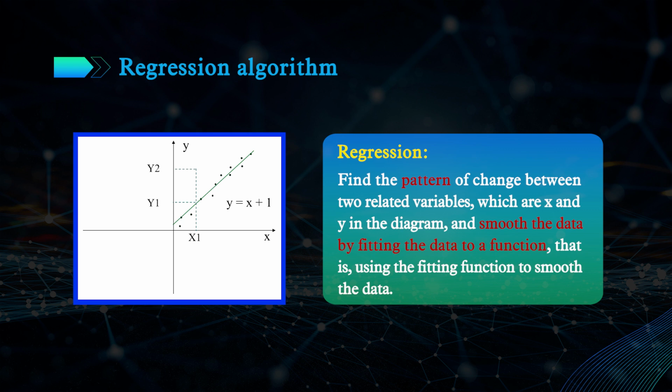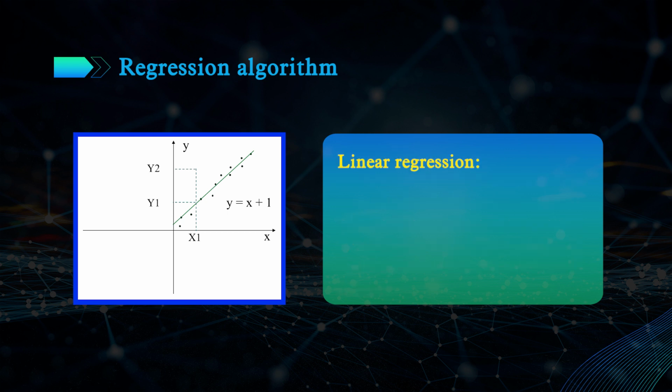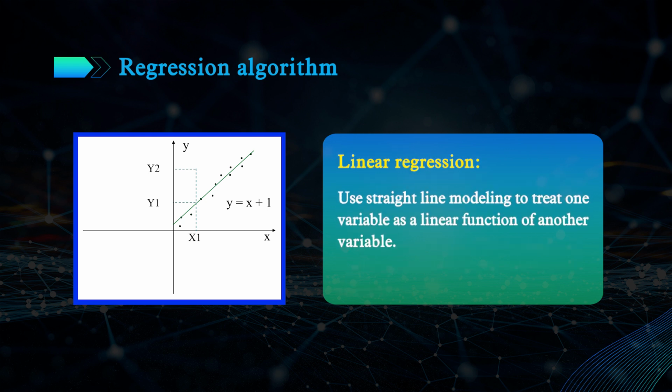The regression method could be linear regression or non-linear regression. Linear regression, which is a simple regression, uses a straight line model to treat one variable as a linear function of another variable.